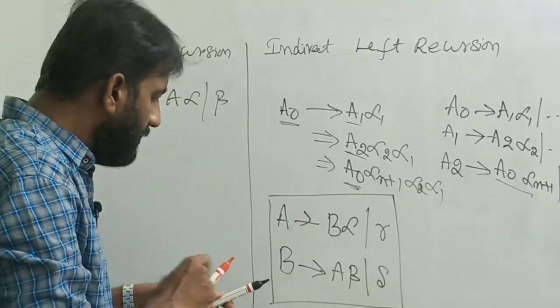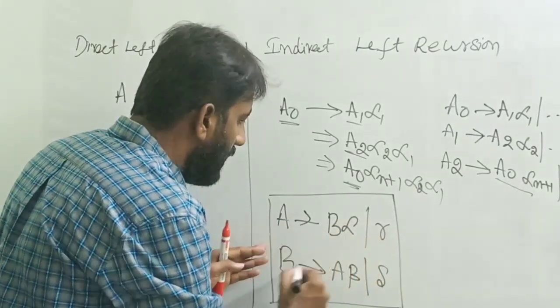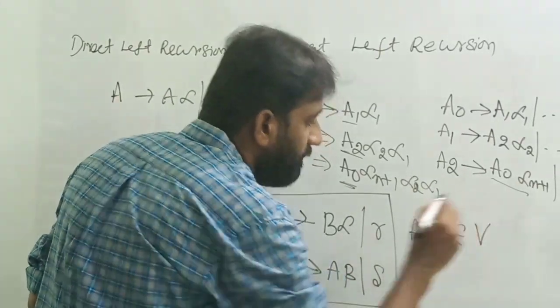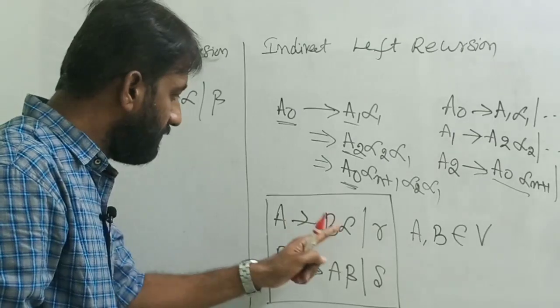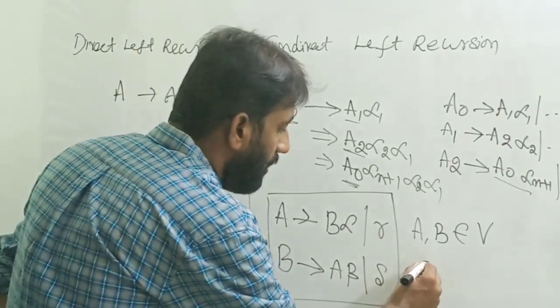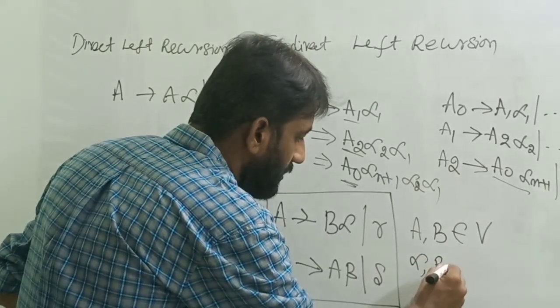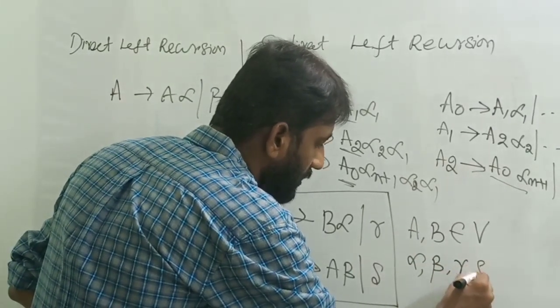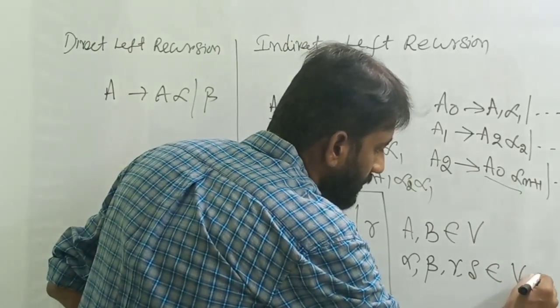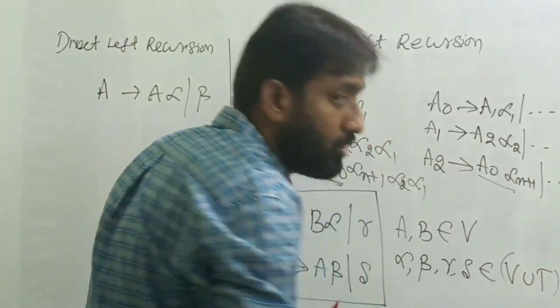Okay, now let me tell what is meant by A and B. A, B belong to variables. Then what is alpha, beta, gamma, delta? Alpha, beta, gamma, delta all belong to either variables or terminals, anything, but not epsilon.